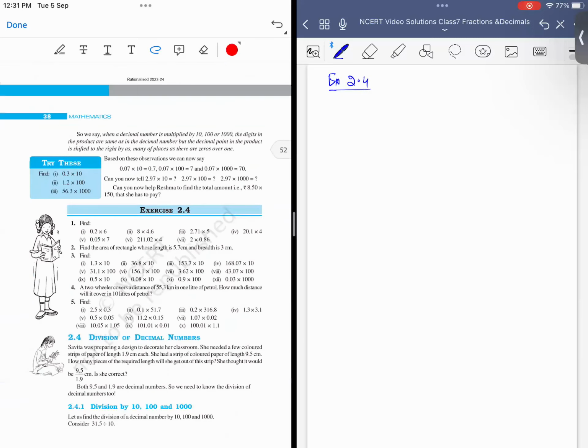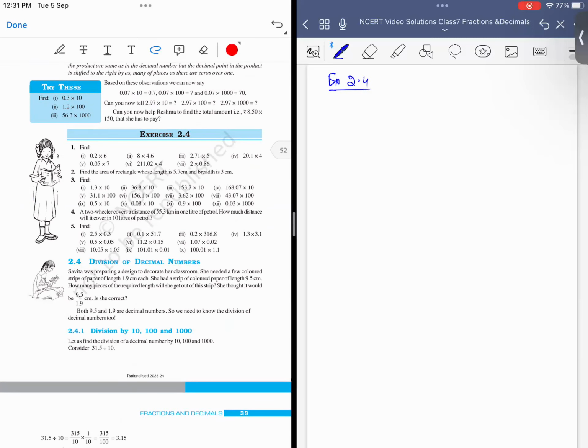So 2.4 again talks of what? Multiplication. But then here you see that there is a decimal number, and we know that decimals are actually fractions with denominators as 10 or powers of 10. So see here question 1. 0.2 into 6.